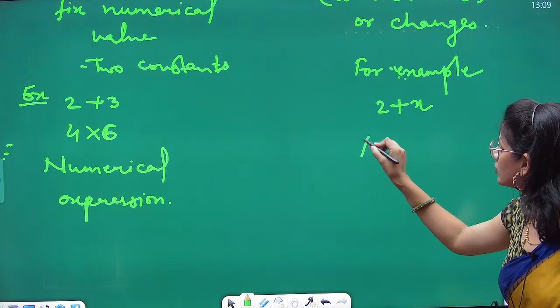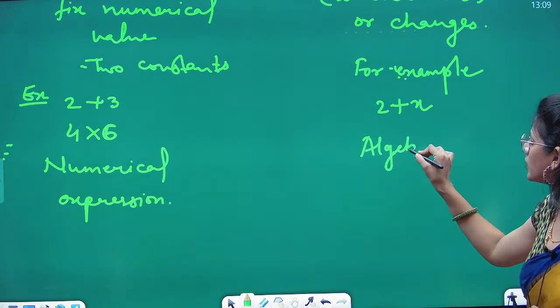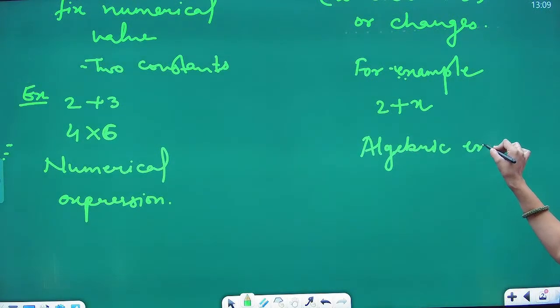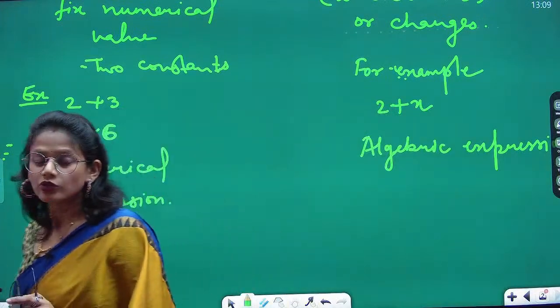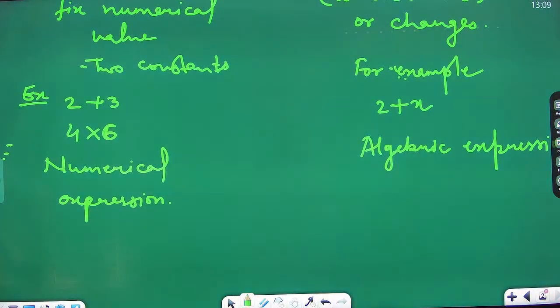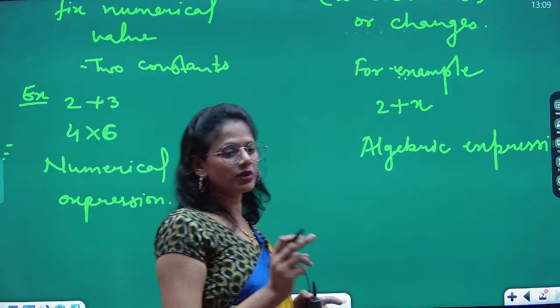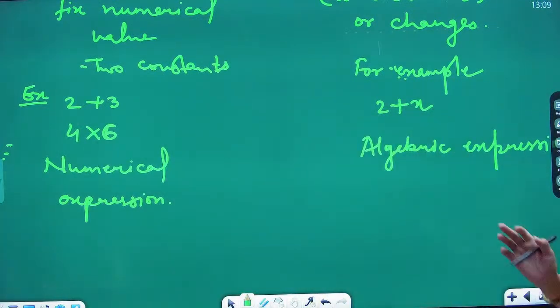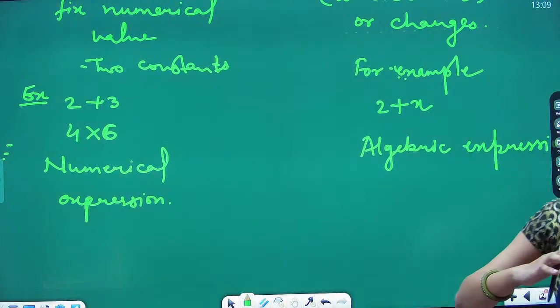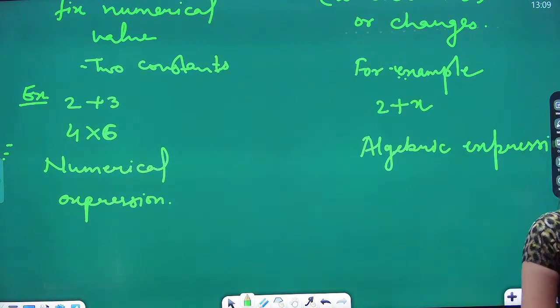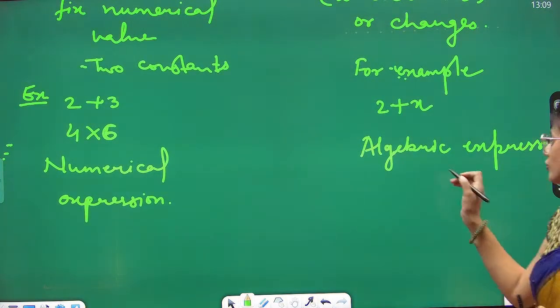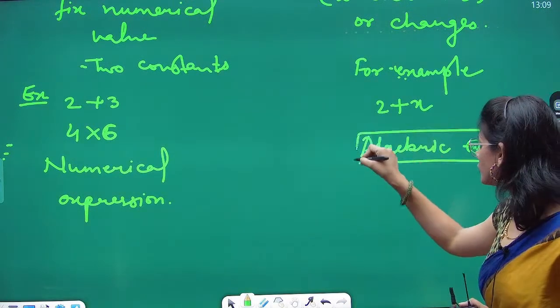This is called an algebraic expression. So when we join two constants with a mathematical operation, it is called a numerical expression, and when we join constants or variables with mathematical operations, it is called an algebraic expression.